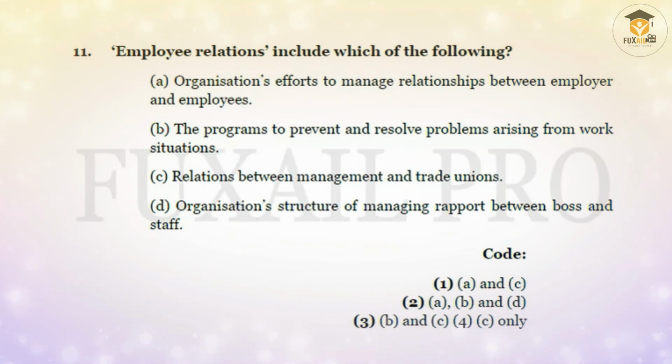B. The programs to prevent and resolve problems arising from work situations. C. Relations between management and trade unions. D. Organization's structure of managing rapport between boss and staff. Code: 1. A and C, 2. A, B and D, 3. B and C, 4. C only.